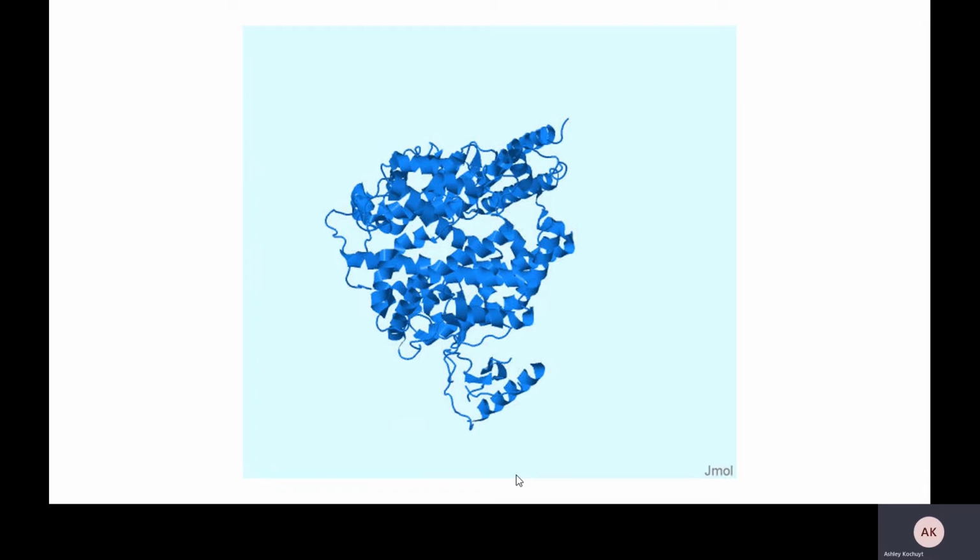This enzyme sits within the plasma membrane of the cell. When looking at the image, we can imagine the plasma membrane extending on either side. This means that this side is extracellular, where the virus will attach, and this side faces the inside of the cell.